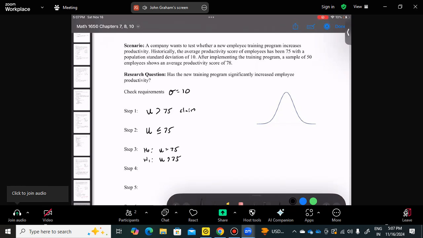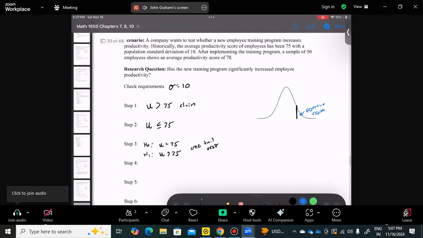So this is a one-tailed test, with the right tail, or the upper tail, being the rejection region. Right, so we want to know if 78 is far enough above 75 to show that it has helped employees.